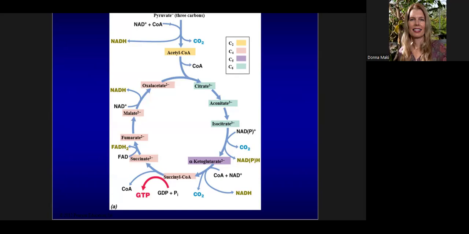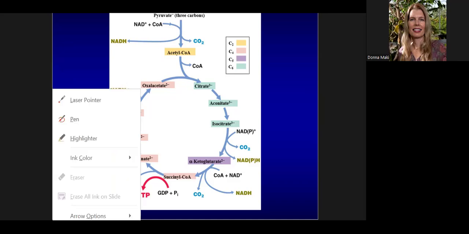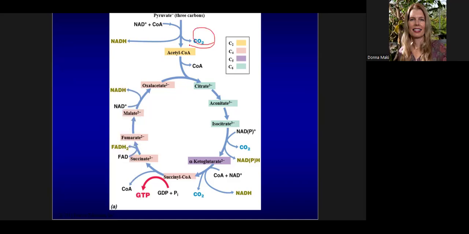And then you see when we say pyruvate's 3 carbons, and we say pyruvate is completely oxidized, broken down into CO2, there's one, there's another, there's another. So completely broken down.